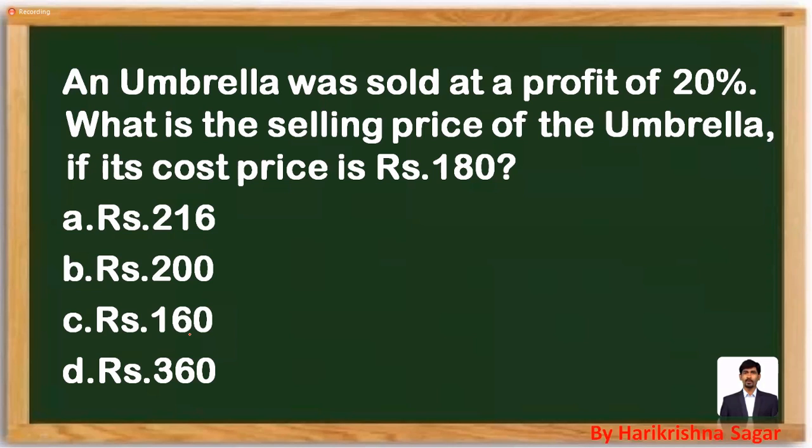So look at the first question which is available on the screen. An umbrella was sold at a profit of 20%. What is the selling price of the umbrella if the cost price is 180 rupees?